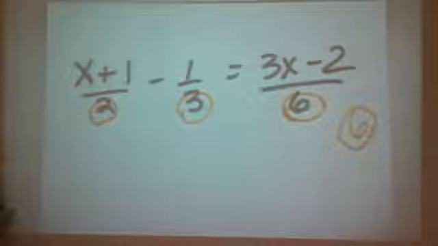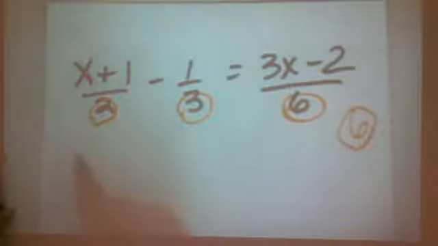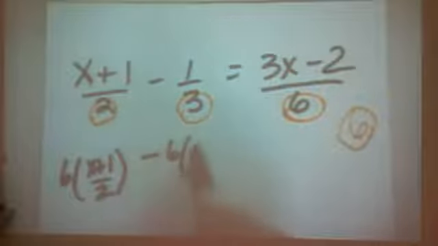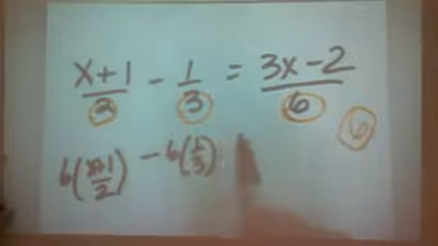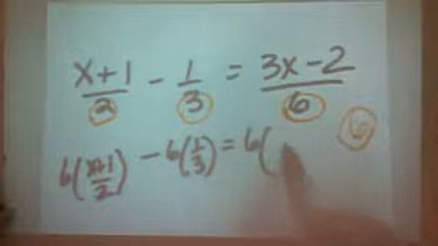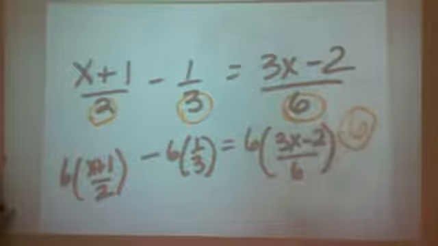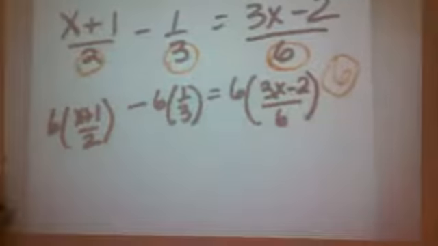So what I'm going to do is rewrite it, multiplying both sides by the same thing. So we're going to multiply every piece by 6. All right, and then we're going to look to see, is there anything that cancels from top to bottom?